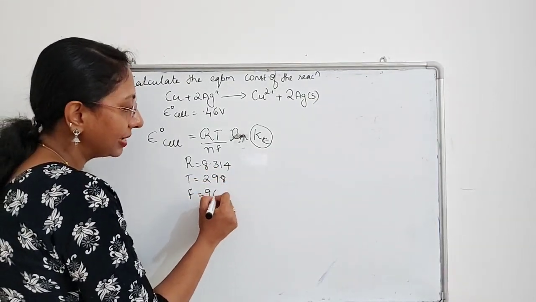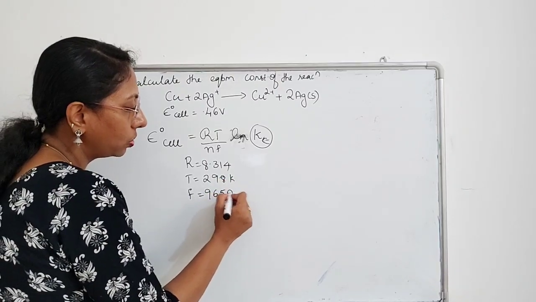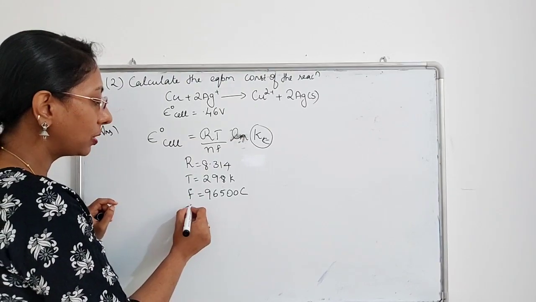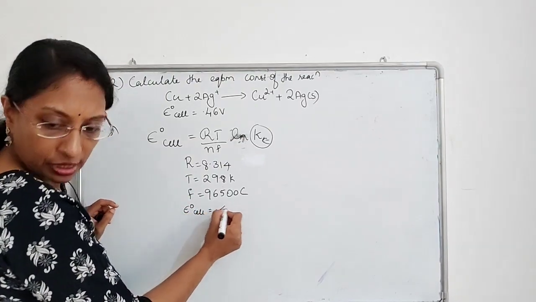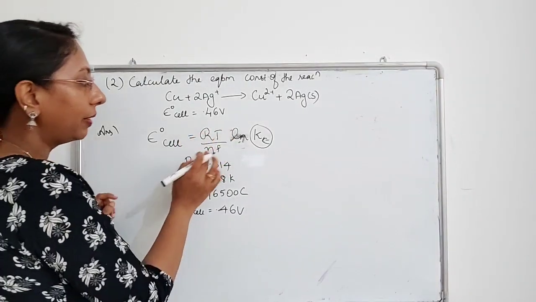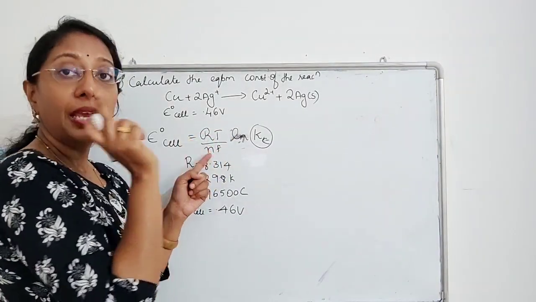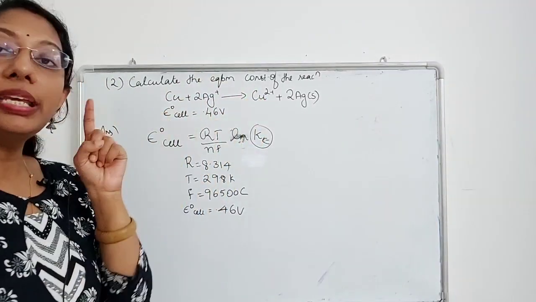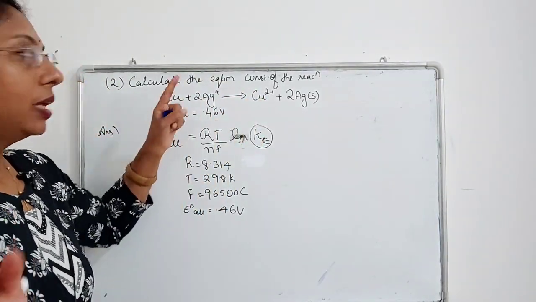F is 96500 Coulomb. Now we have the value of E0 cell. It is 0.46 volt. So we don't know what N is. N value you have to get from here. So how many electrons will be transferred?